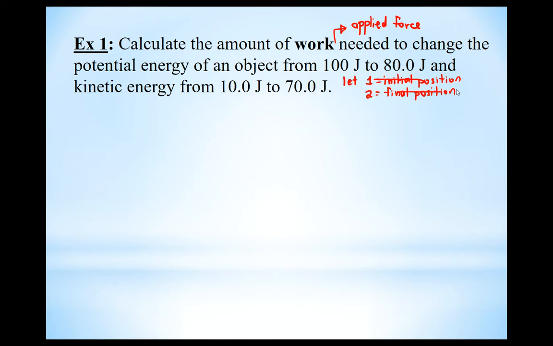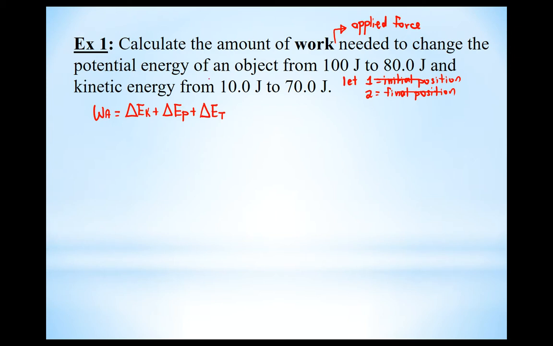Okay, so now let's write down the work-energy theorem. So the work-energy theorem tells me that WA, this is the starting point that I like to use, would be equal to delta EK plus delta EP plus delta ET.